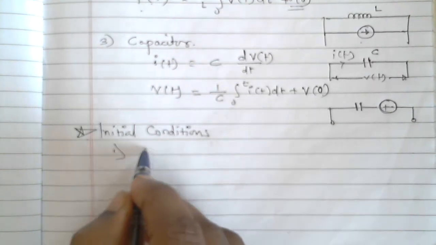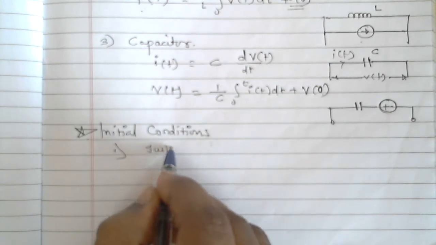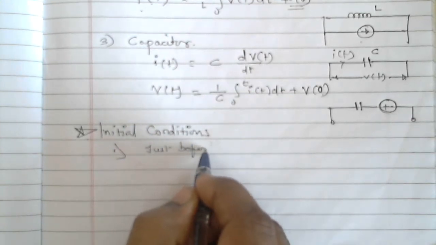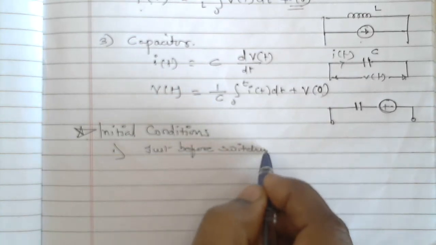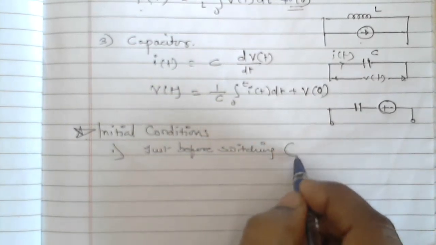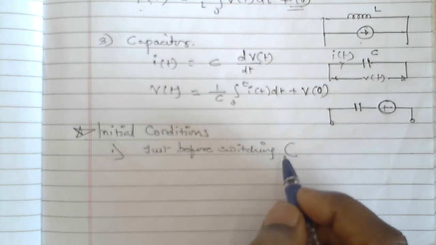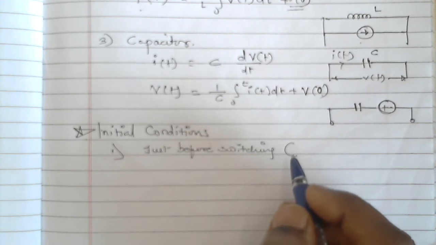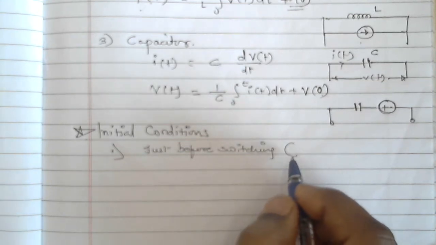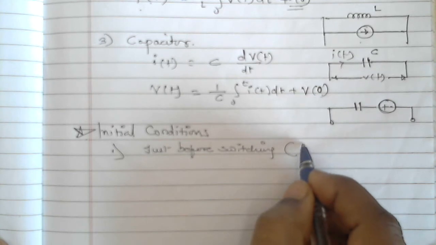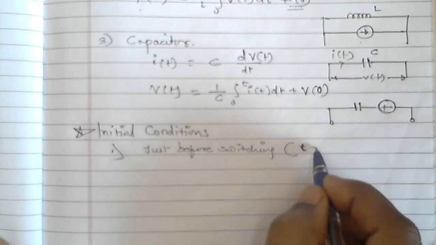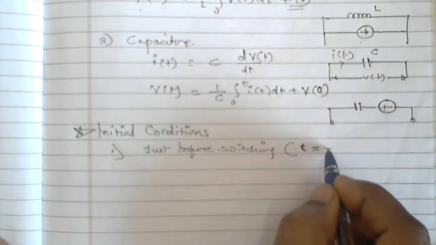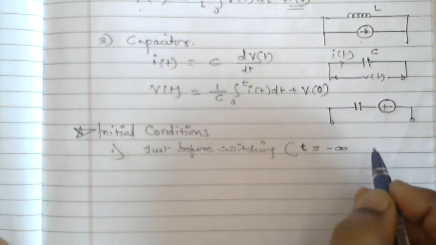First is just before switching, meaning when you try to switch the particular switch, what exactly happens just before the switching. If the circuit was off for a long time, then it is represented as t equal to minus infinity.